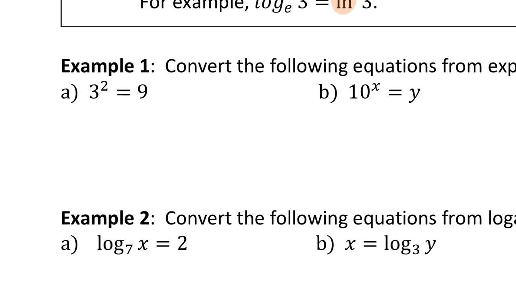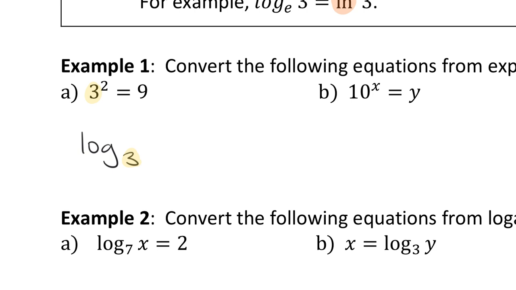But if we have 3 squared equal to 9, which is a true mathematical statement, and we wanted to write it in logarithmic form, we're going to take the base. What's the base here? 3, and we're going to write the base as the base part of the logarithm, so it's the subscript after log.